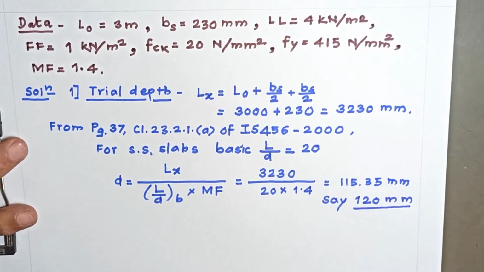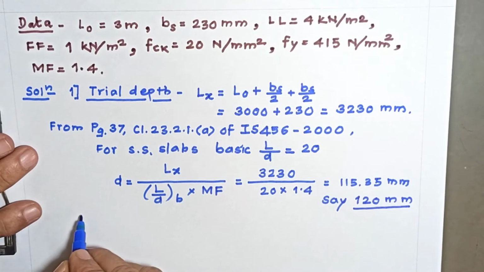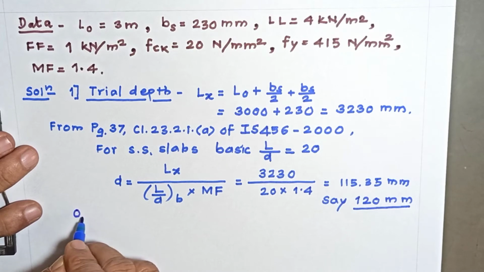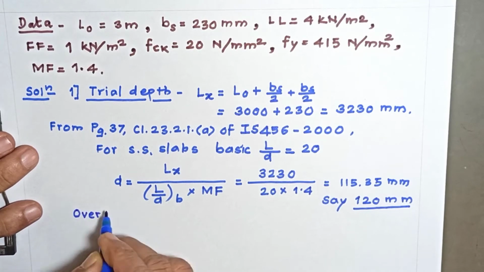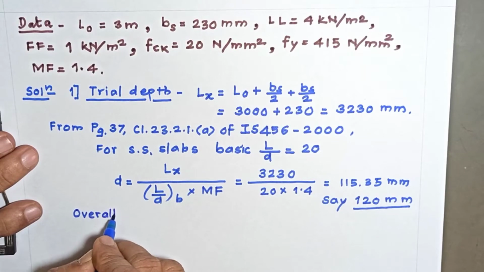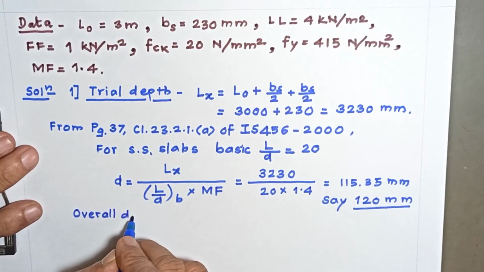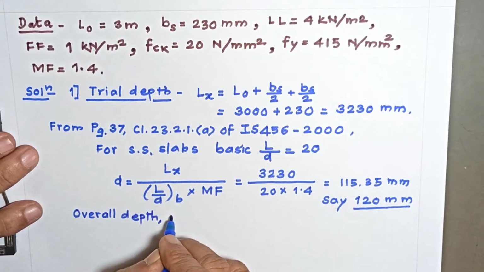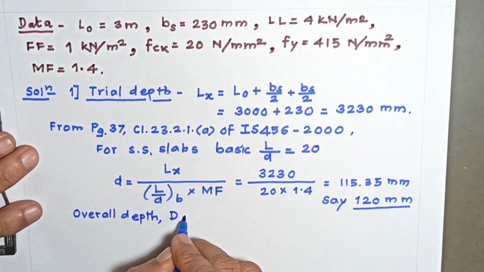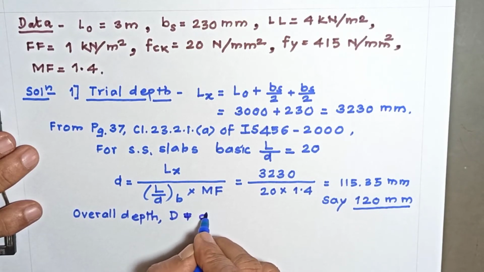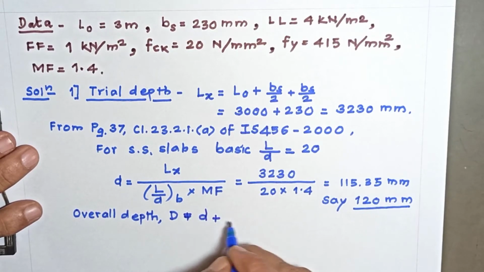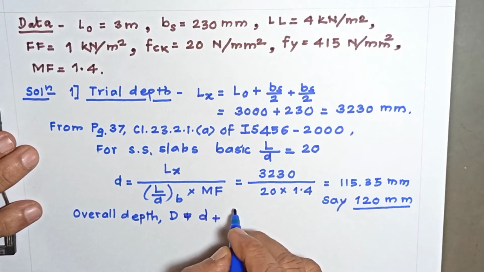Now this is effective depth. So we know that overall depth, denoted by capital D, is equal to effective depth plus effective cover.